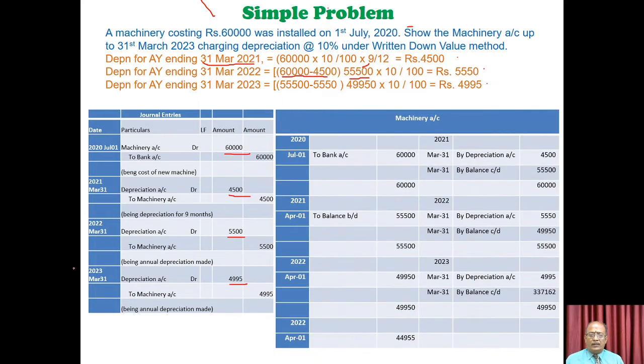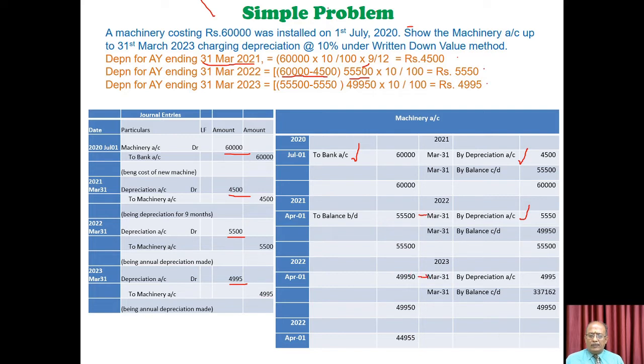Now we will take up the ledger account. So for purchases, first entry, every year depreciation is provided and the account is getting reduced every year. The balance reduces every year.